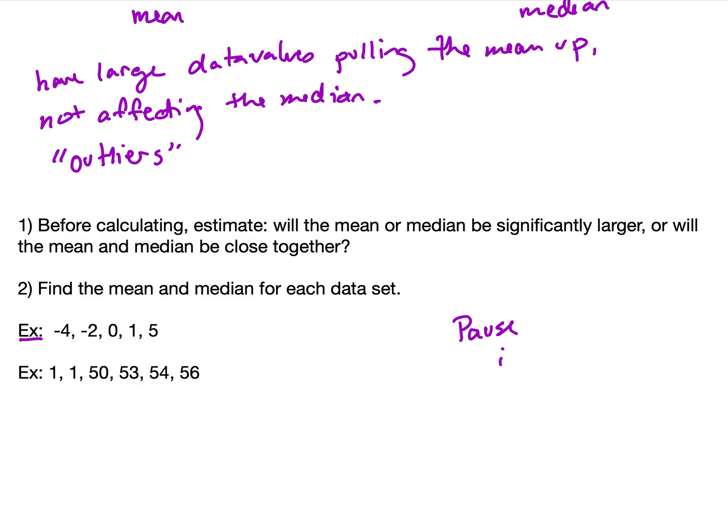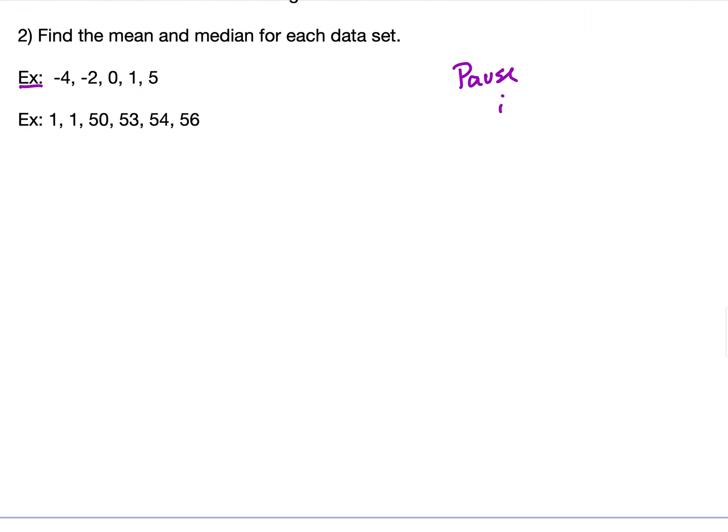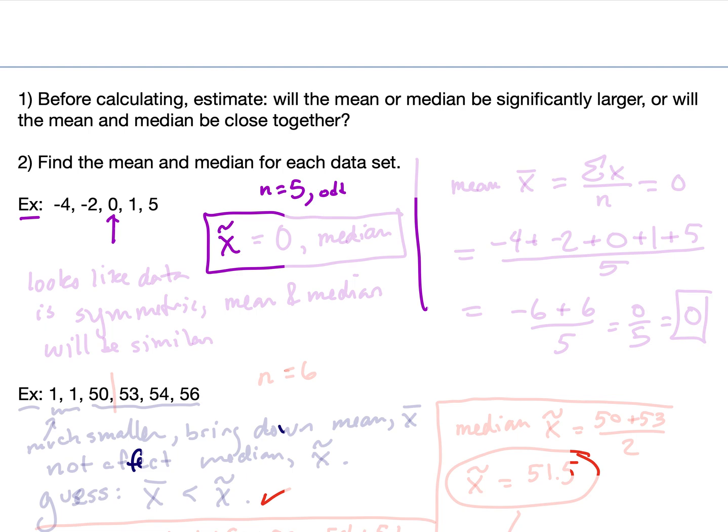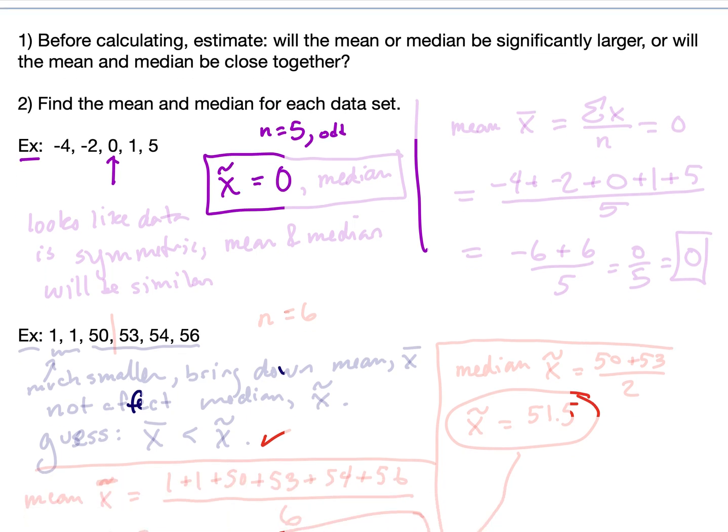Here there are n equals 5 data values in the sample. 5 is odd, so there's just going to be one middle value. In our case, x tilde, the middle value, is 0. Or in other words, the median is 0 in this set of data.